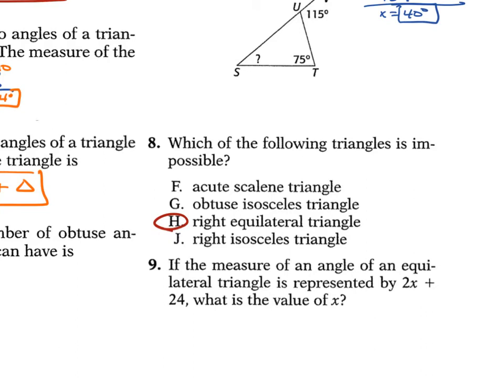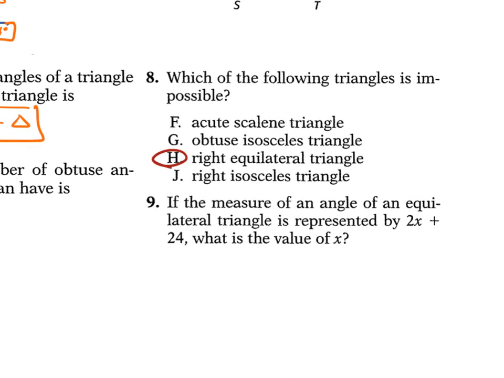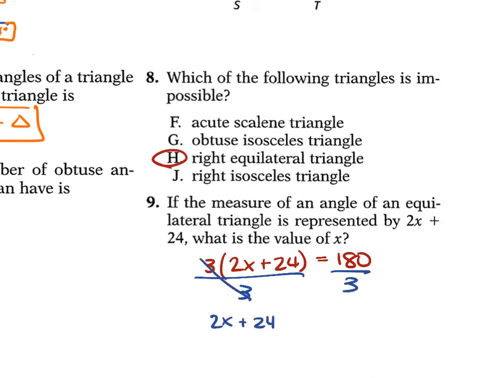If the measure of an angle of an equilateral triangle is represented by 2x plus 24, what is the value of x? Well, each of those are equal, each of the 3 angles are equal, so it's 3 times 2x plus 24 is equal to 180. We can start by dividing by 3, so you have 2x plus 24 is equal to 60.